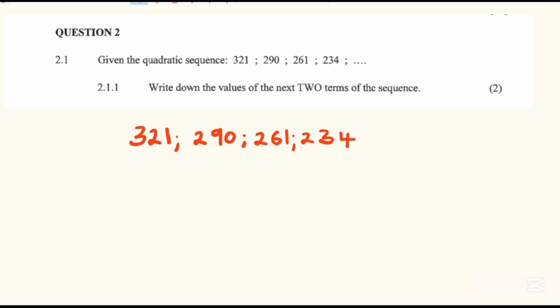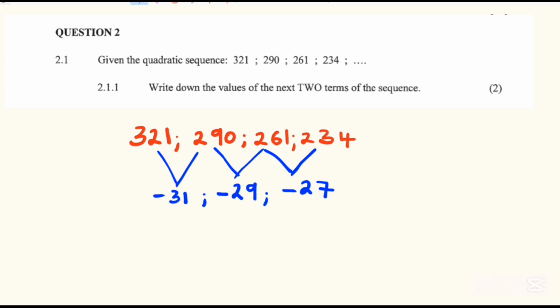We start off by determining the first differences of this quadratic pattern. So 290 minus 321 is equal to negative 31, and 261 minus 290 is equal to negative 29, and 234 minus 261 is equal to negative 27.